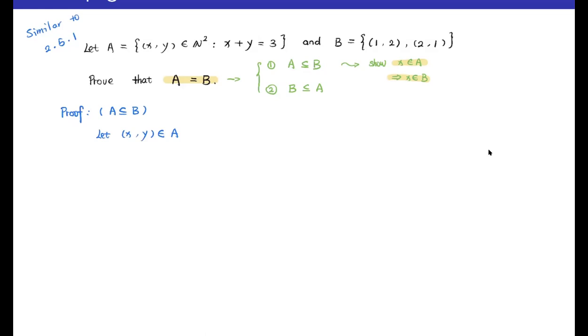Because all the elements in A are in this form. Now, since (x, y) is in A, that means (x, y) satisfies everything in this. In other words, my x is a natural number, my y is a natural number as well, and we know that x plus y equals 3.